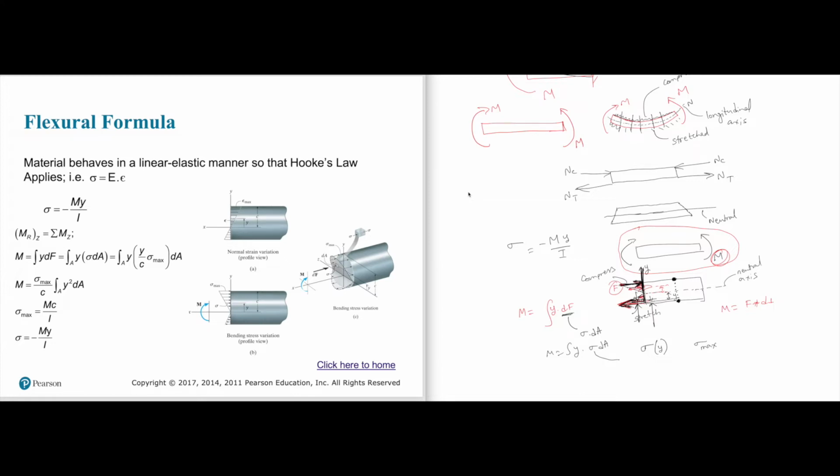So what I'm trying to write is sigma as a function of y can be written in terms of sigma max, where sigma max is occurring on the edges. And it can be written as sigma max times y over c, where c is the radius. So this is c.